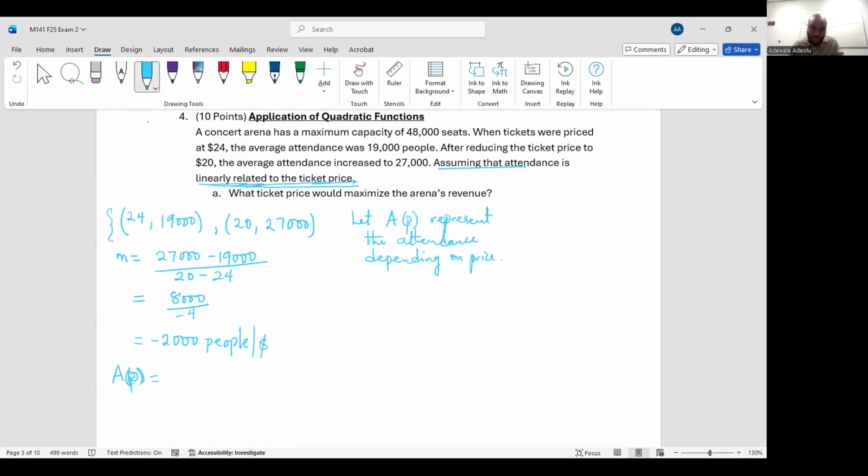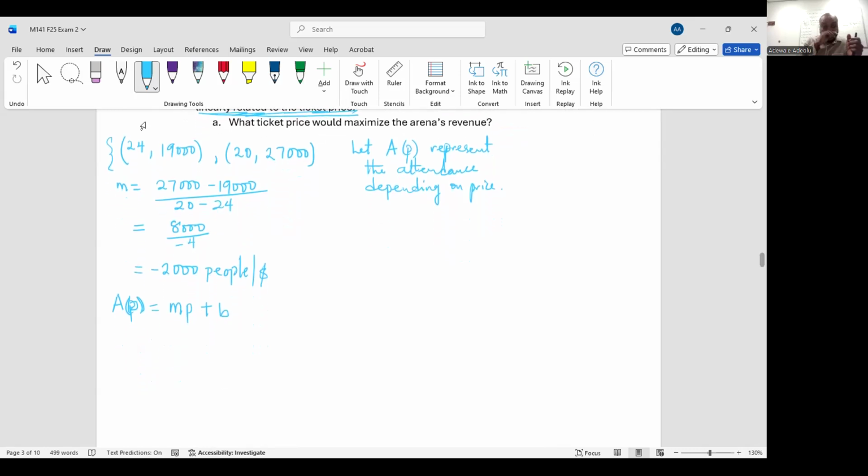So A of P is the slope times the price plus B. That B is the y-intercept, that is when the price is zero. So we know that A of P is negative 2,000 P plus B. Now we need to find B.